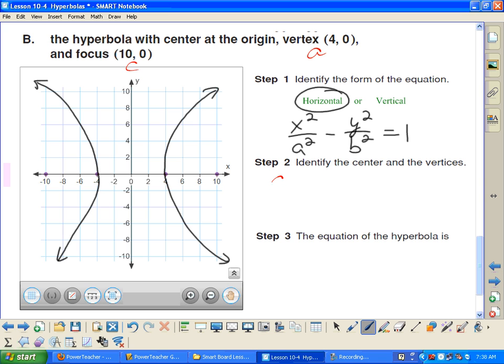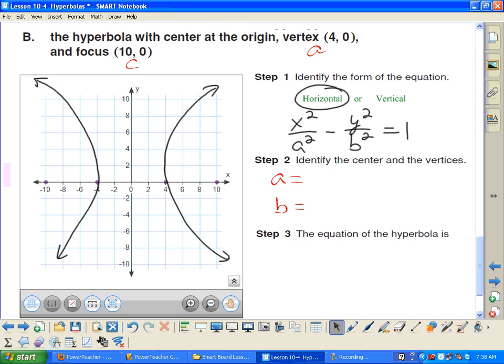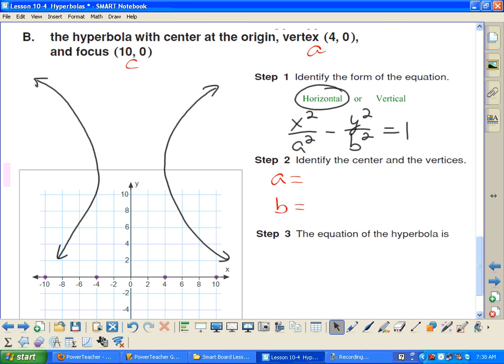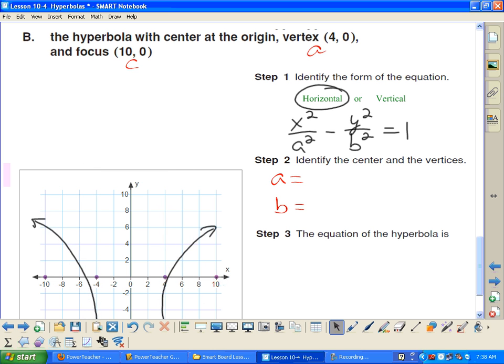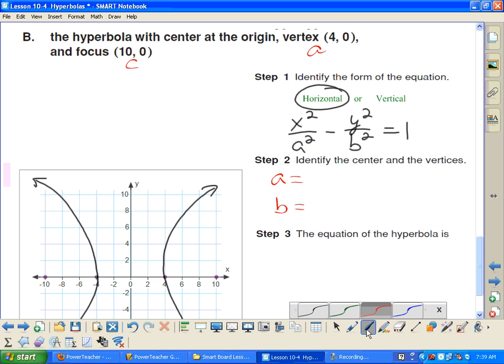So for our equation, we need to find what a and b equal. In this case, they give us a and c. So we have to use that relationship that looks like the Pythagorean theorem. So let's move this down a little bit here. There we go. So the relationship between a, b, and c is that a squared plus b squared equals c squared.